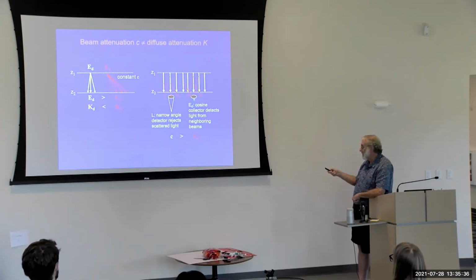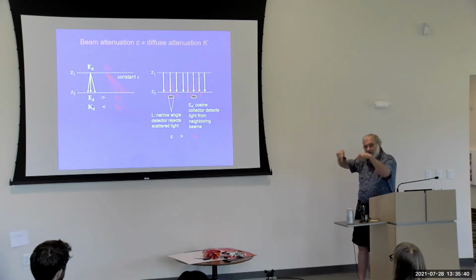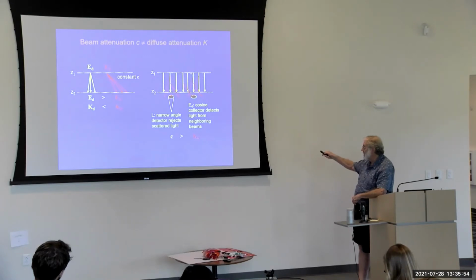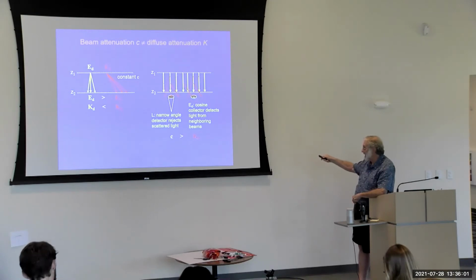Now over here with an ED collector, it can see the light coming from the whole hemisphere. So it sees the same direct beam coming straight down as this one. But now the neighboring beams out here that are scattering are also adding to this instrument. Even though this direct beam might scatter some light out, the neighboring beams can add it back in.